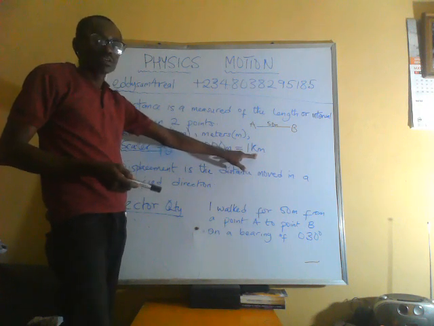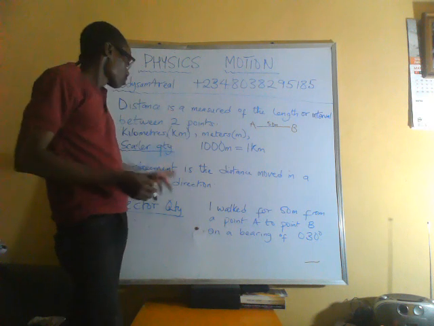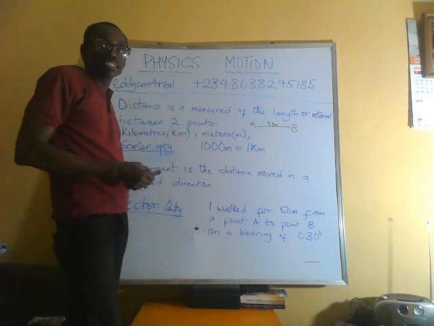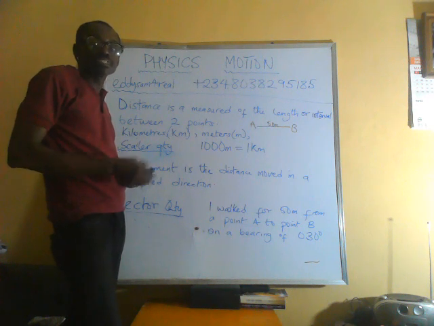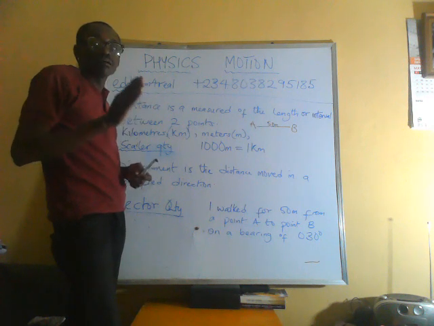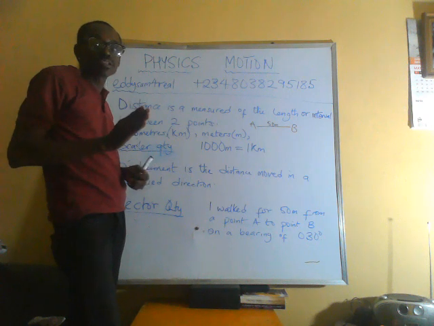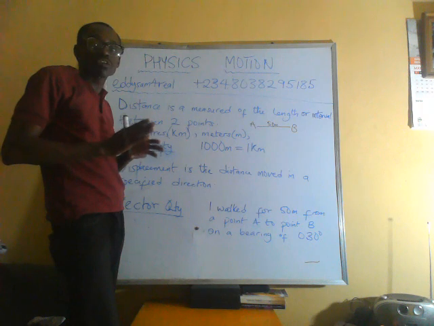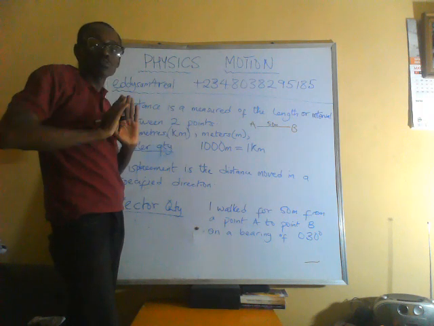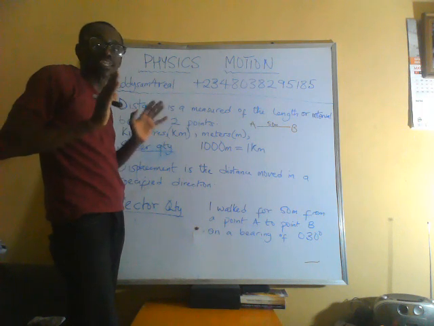Now, distance is a scalar quantity. Remember, a scalar quantity is a quantity that has magnitude alone. When you state the numerical value of a scalar quantity and a unit, you've completely specified the scalar quantity.